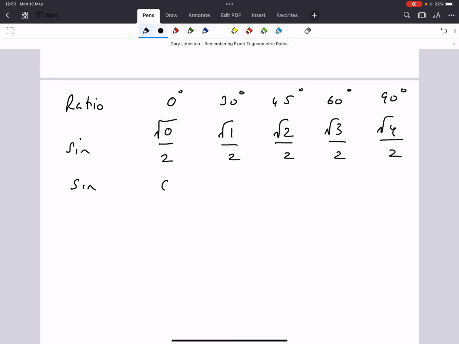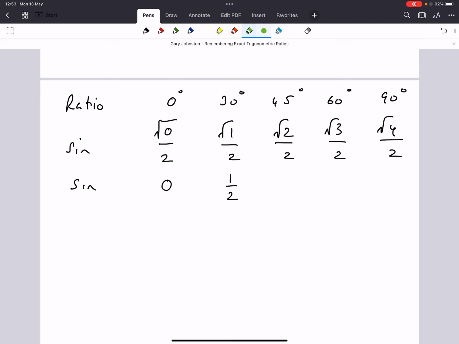So that first fraction just becomes 0. The second one, the square root of 1, is 1. So that second one for 30 degrees just becomes a half. Just so you know how to express this as we're going along, the sine of 0 degrees is 0. Then the sine of 30 degrees is a half. So you've got the ratios as you go.